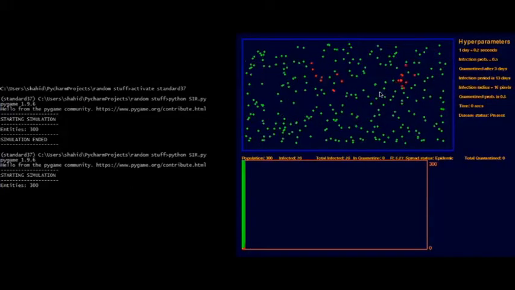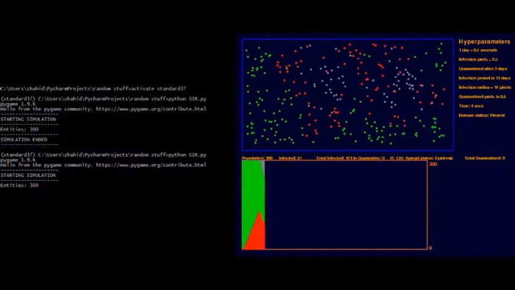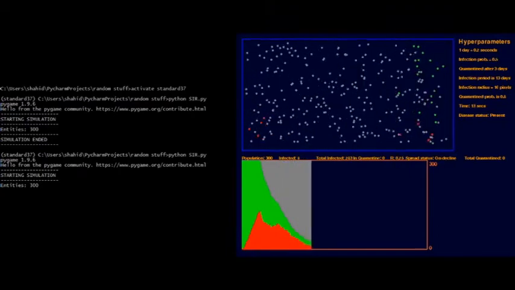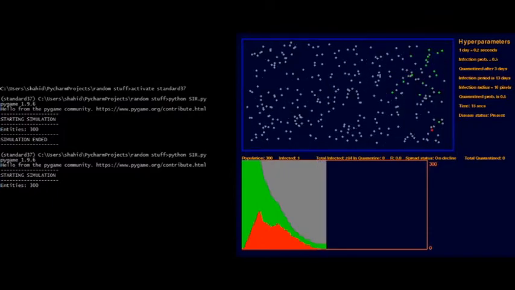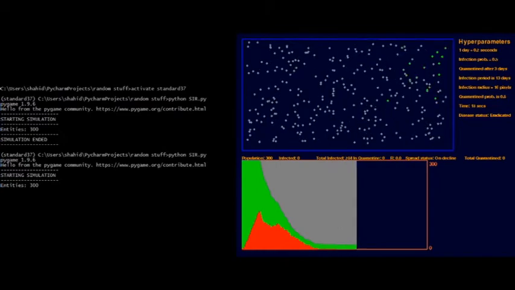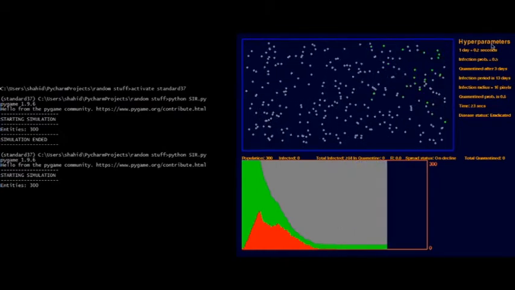Let's run the simulation and see what happens. You can see that almost immediately the entire population gets sick, which is terrible because that's not something we want. We don't want all the population to get sick.